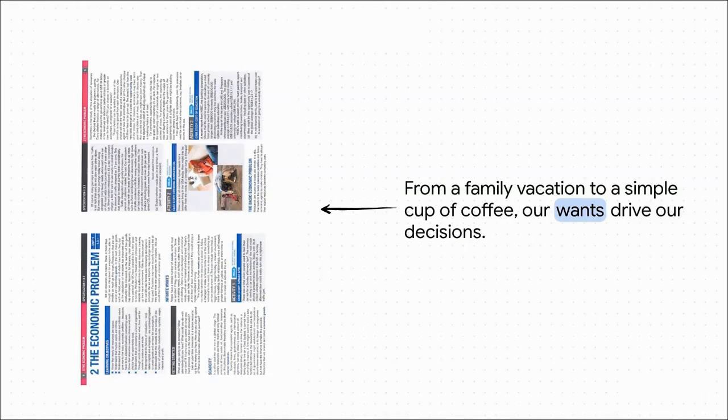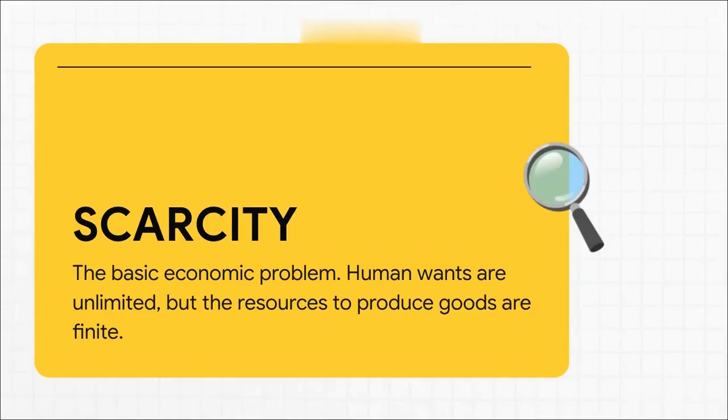It could be something huge, like saving up for that dream family vacation, or something tiny, like just buying a cup of coffee. It's the same principle. And this constant tug of war, this fundamental problem, it has a name. That name is scarcity. And listen, this is super important.